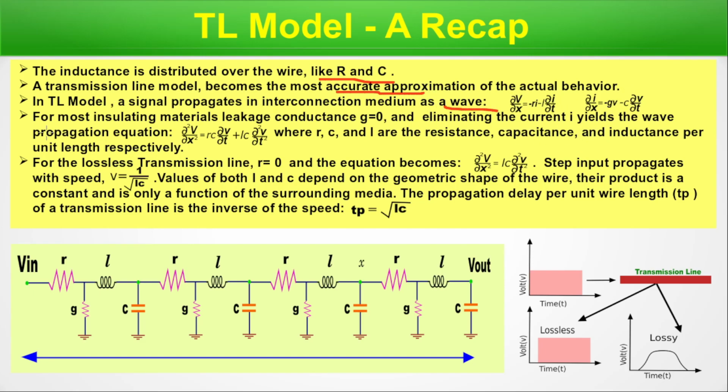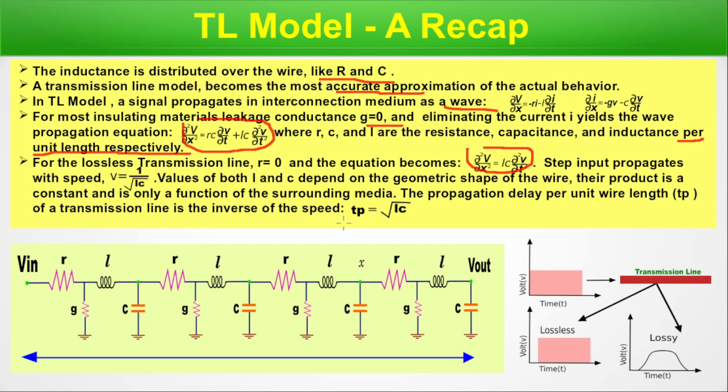These are the equations, and for insulating material, the leakage conductance G is 0. So from the wave equation we finally get this equation, where R, C, L are all per unit length values because they are distributed. For a lossless transmission line, R equals 0, and a step input propagates with a speed of 1 over the square root of LC.